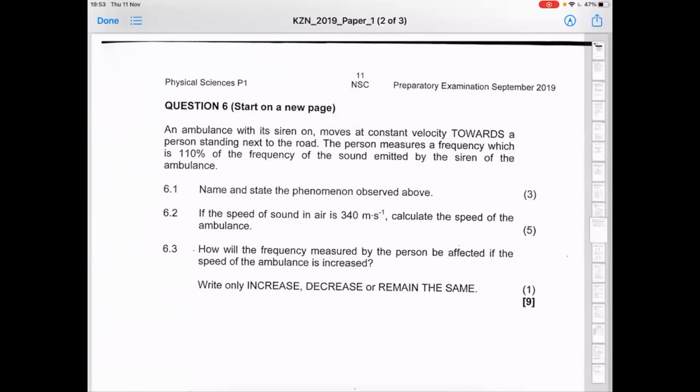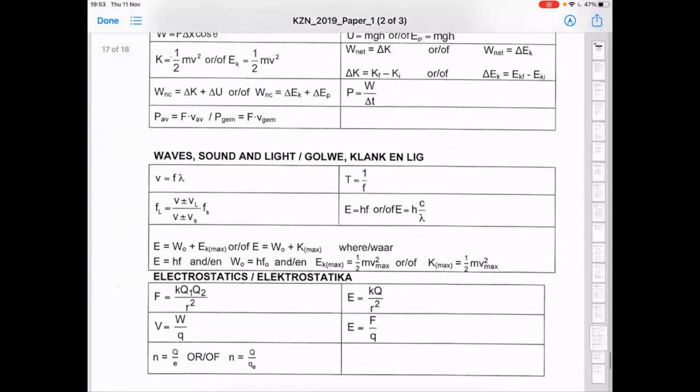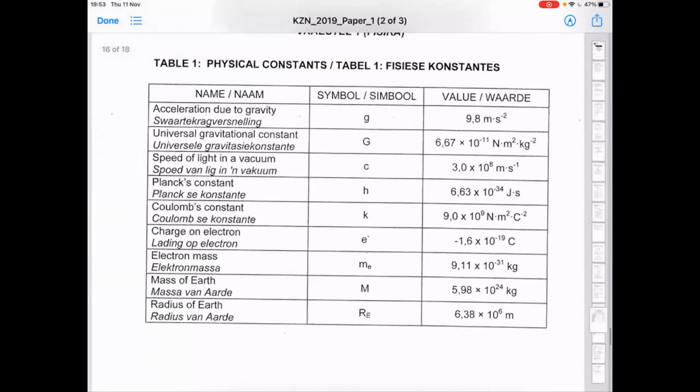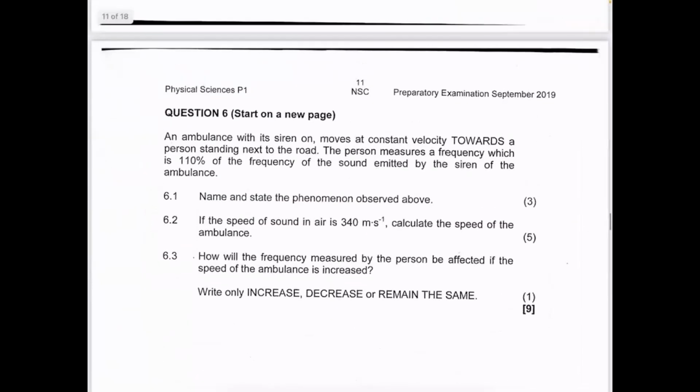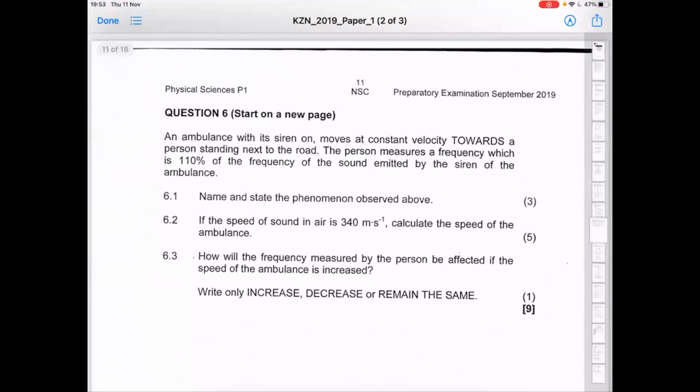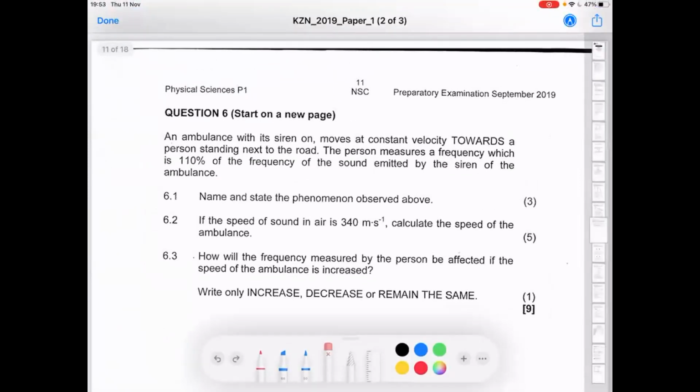So here's one. An ambulance with its siren on moves with a constant velocity towards a person standing next to the road.